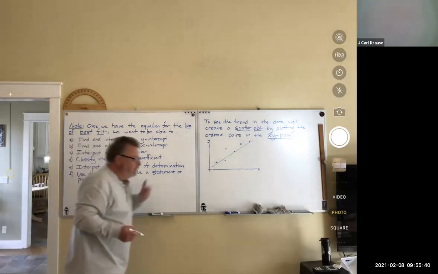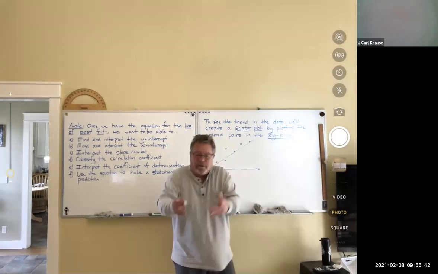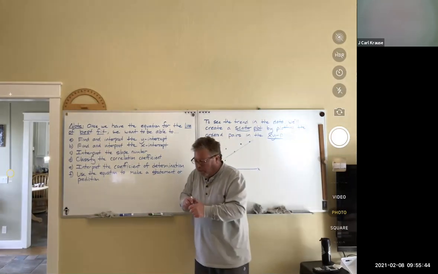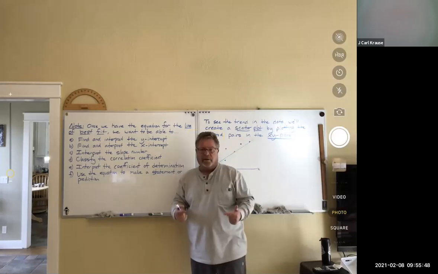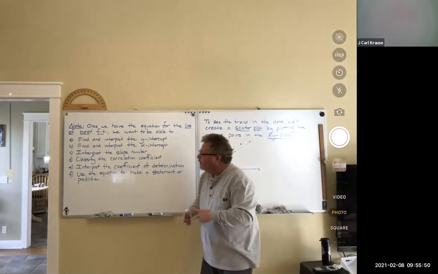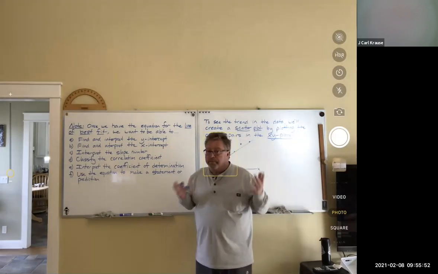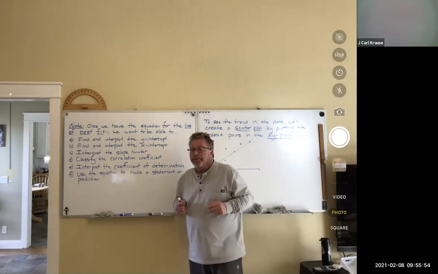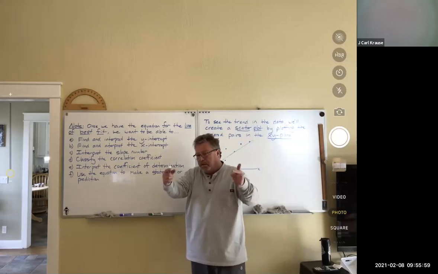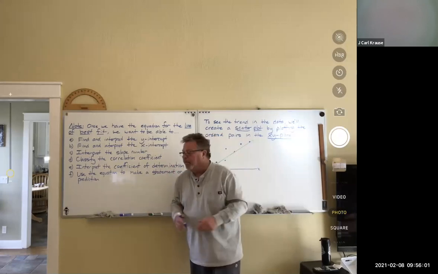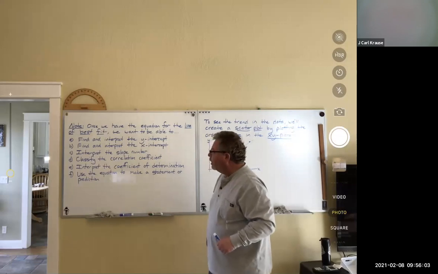Because again, the whole spirit of this analysis is the idea of being able to predict one thing based on another thing. And in this powerboats versus manatees example, we want to be able to predict the number of manatees killed based on how many registered powerboats there are.